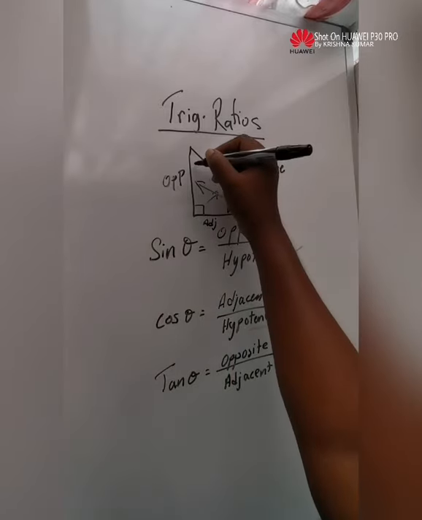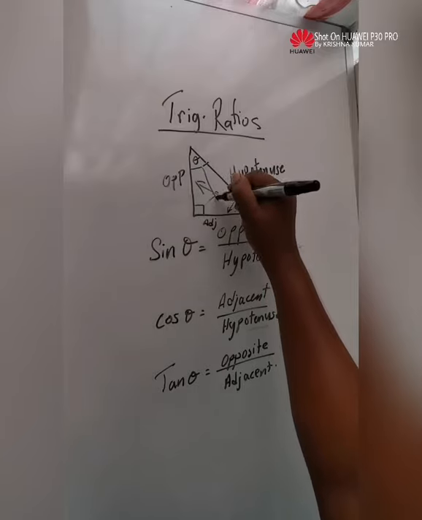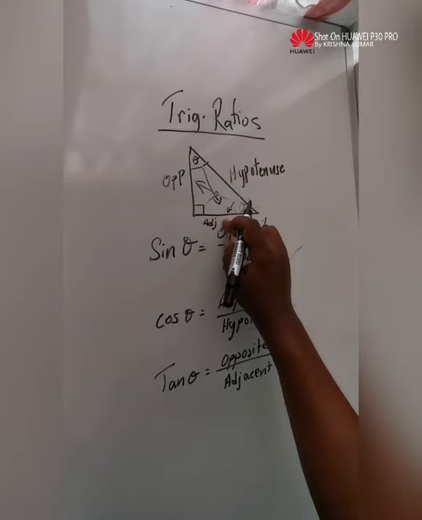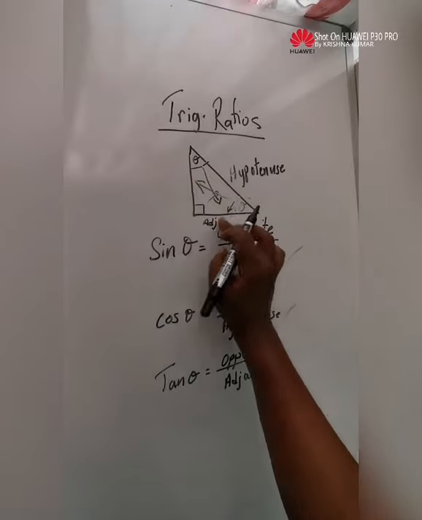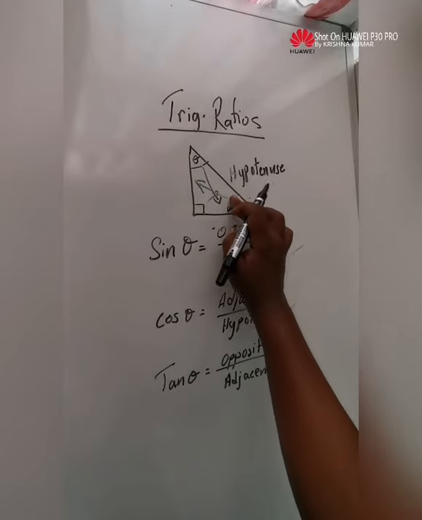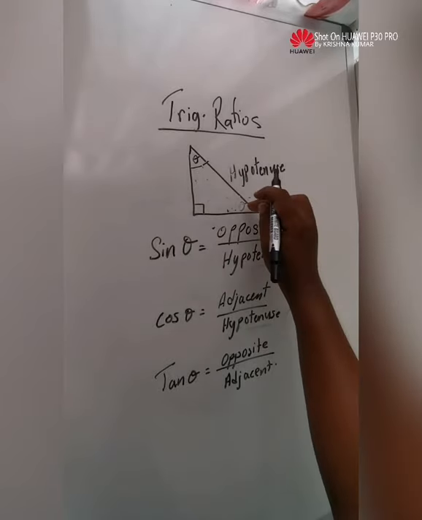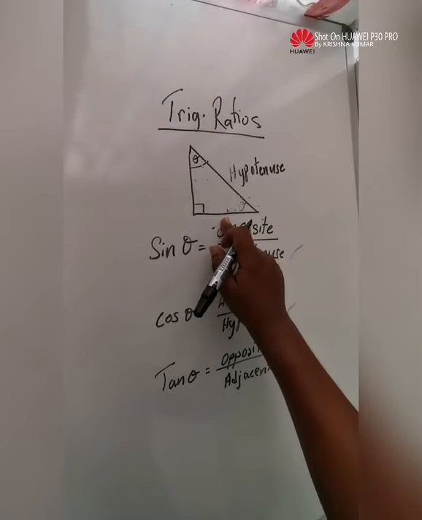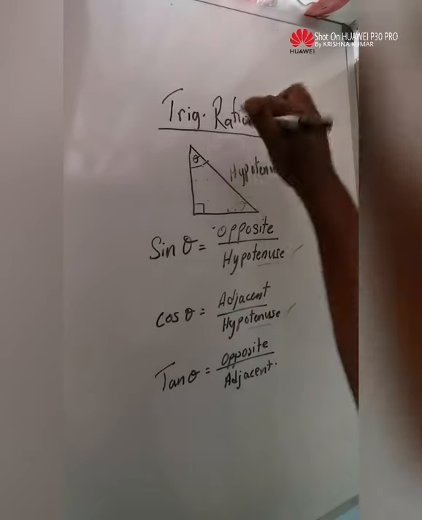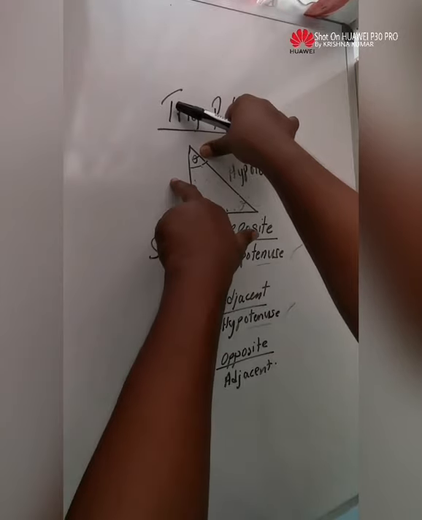Or if they gave you an angle that is up here, then this side would now become the opposite side, and then here would become the adjacent side. Now let's not confuse ourselves with this as yet, but that's how you do it. Whichever angle is given, if you're standing here, then this becomes opposite you and this is the adjacent. If you're given this angle and you're standing here, then this becomes opposite and this becomes adjacent.